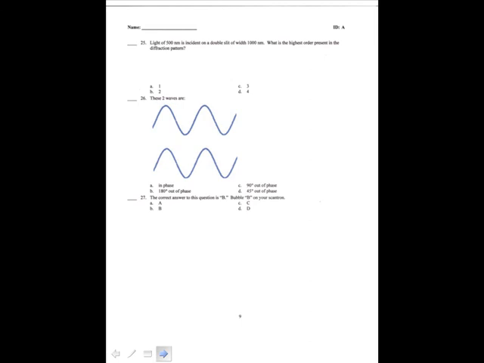Okay, light of 500 nanometers is incident on a double slit of width 1000 nanometers. What is the highest order present in the diffraction pattern? Well, d sine theta is equal to m lambda. It's for double slit. And the highest order occurs when theta is equal to 90 degrees, because this is the angle theta. It just can't exceed 90 degrees. When it's at 90 degrees, it's over here, and it can't exceed that.